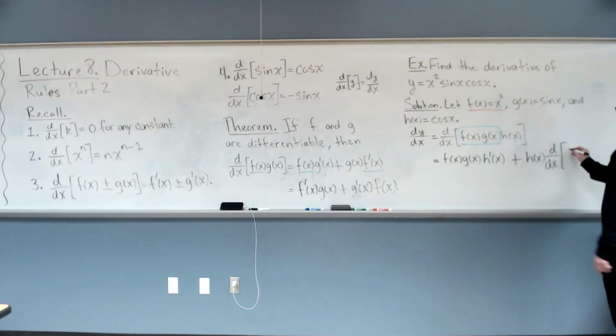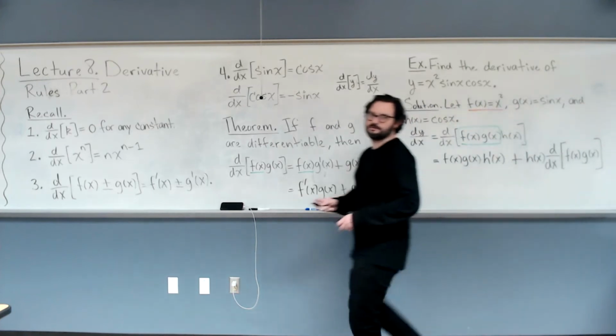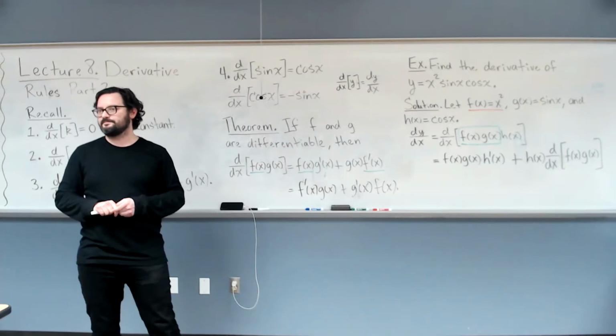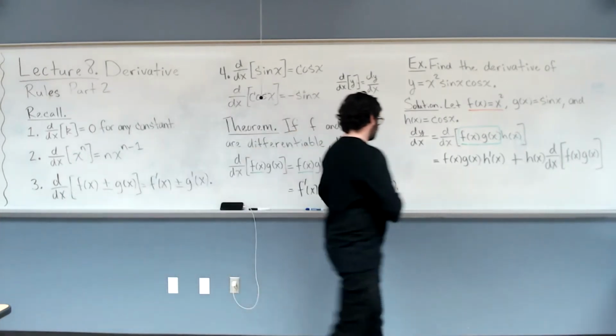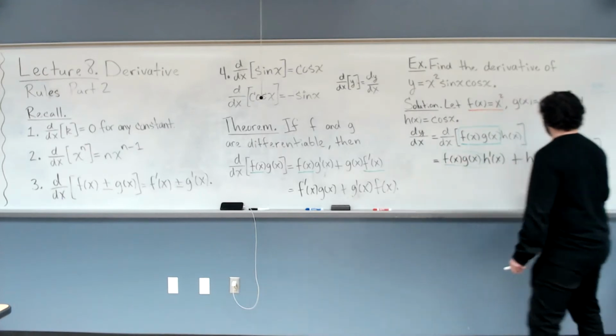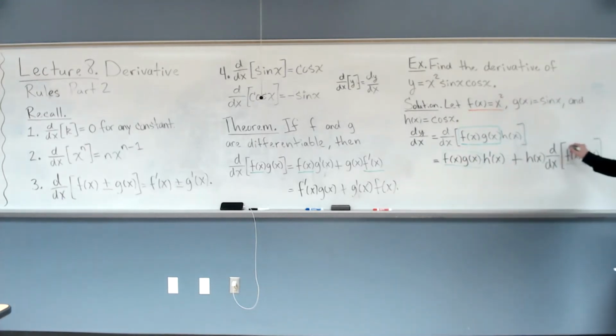This is the first one, I'm just going to put it in there. That's the derivative of the second. I don't know what it is, I just know that, according to the theorem, that's what it should be. So here's my green guy, and then here's my green guy here, and I'm taking the derivative of it.